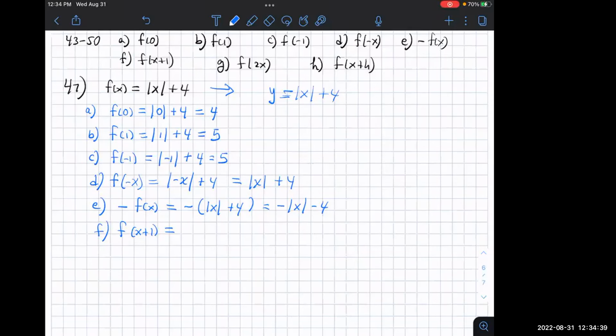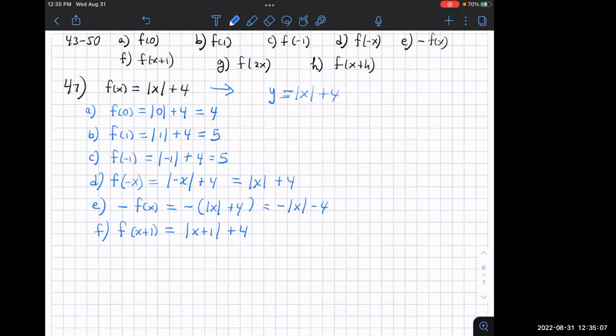One step at a time: the absolute value of x plus 1, plus 4. Very good. Whatever is within parentheses plays the role of the x, so that replaces the x. Of course, this x and that x are not going to be the same, but those are just variables. Dummy variables, sometimes they're called.